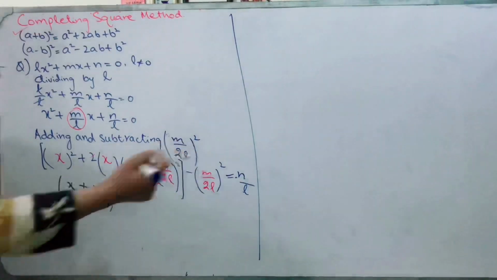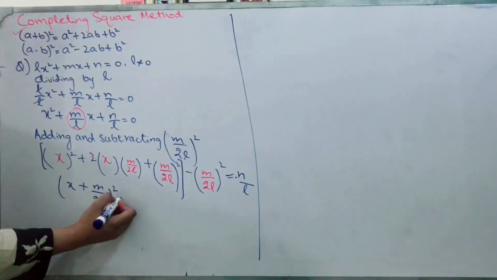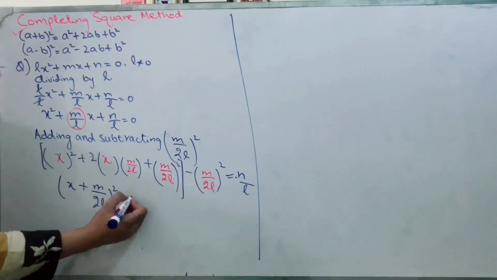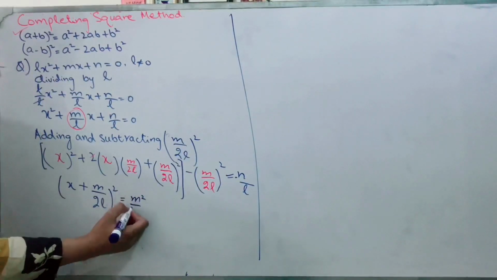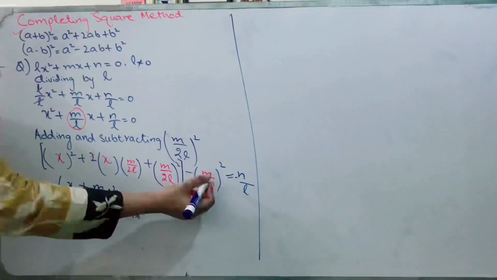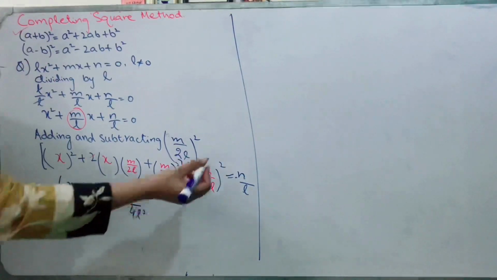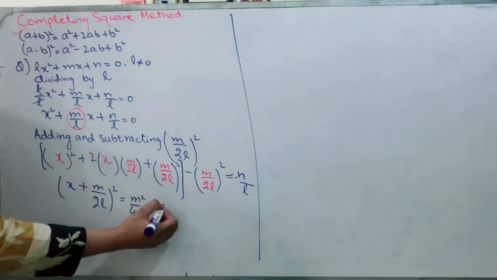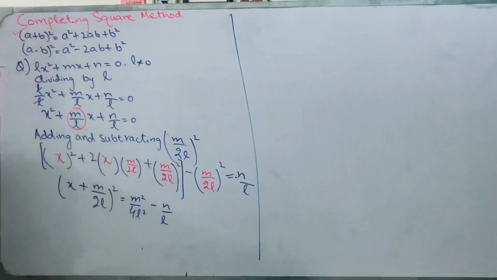Take this term to your right hand side, it becomes m square by 4l square. How? When you open the square, m square, and (2l) square is 4l square, minus n by l.